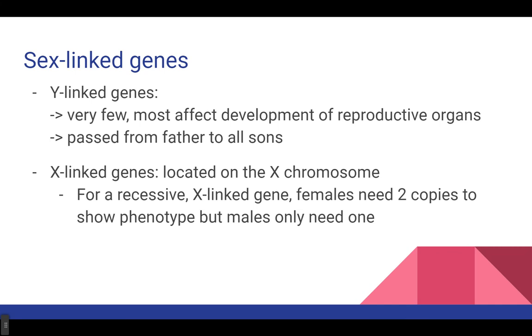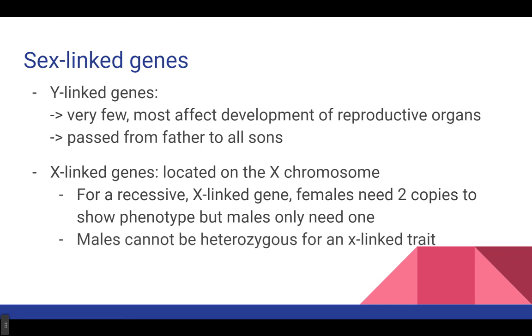It's not possible for a male to be heterozygous for an X-linked trait because they only have 1 X. Whatever gene is on that X chromosome is going to be expressed. Does that make sense? Males can't be heterozygous.